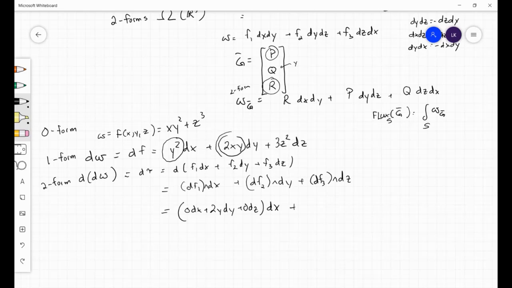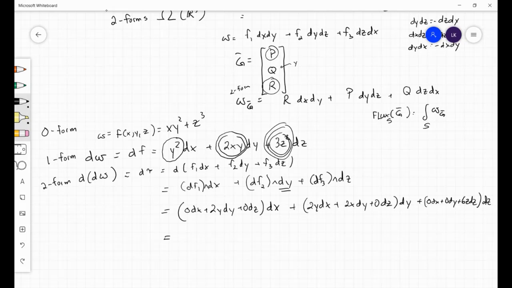Okay, and then we take the second component and we take the total differential, and we're going to wedge it with dy. And then the third component, you take the total differential, and you wedge it with dz.